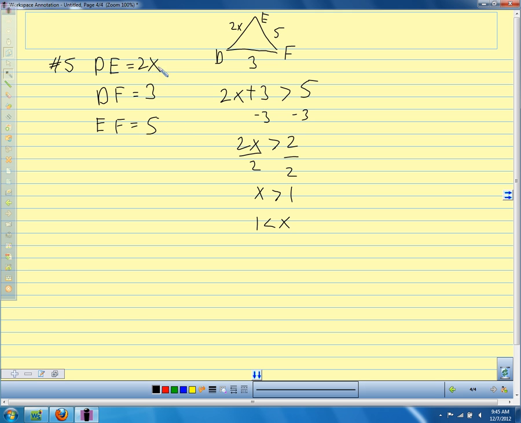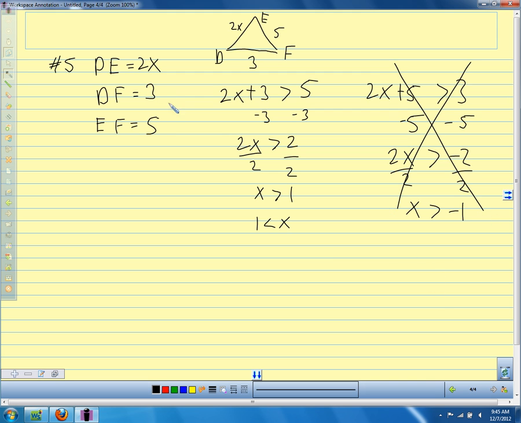Let's use these two sides. 2x plus 5 has to be greater than 3. I subtract 5, and I get 2x is greater than negative 2. Divide by 2, and x is greater than negative 1. Well, I can never have a negative side length, so I'm not going to worry about that one.